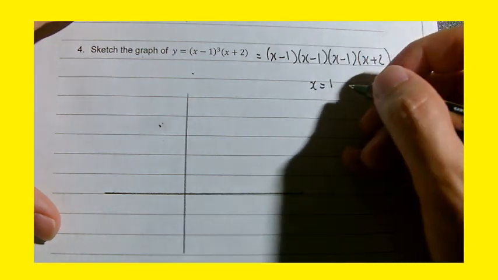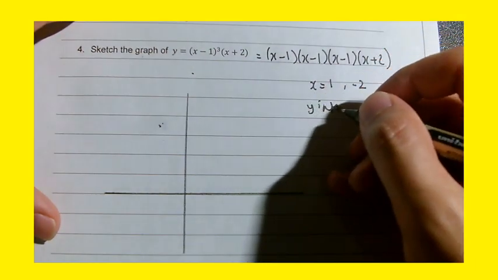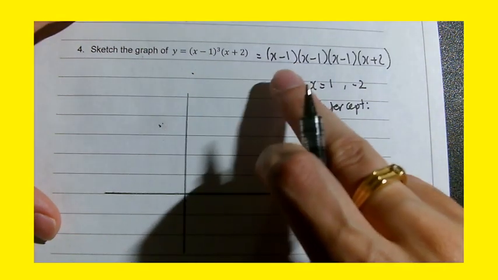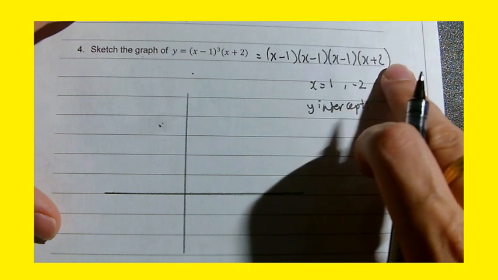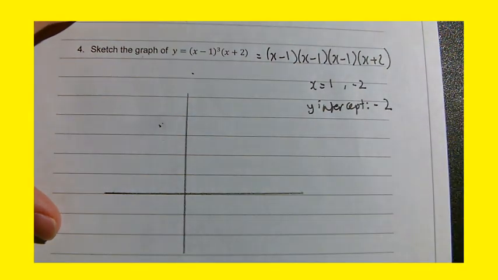Therefore it intersects at 1 and minus 2, and the y-intercept is going to be minus 1 times minus 1 is plus 1, minus 1, minus 2. So we intersect the y-axis at minus 2.